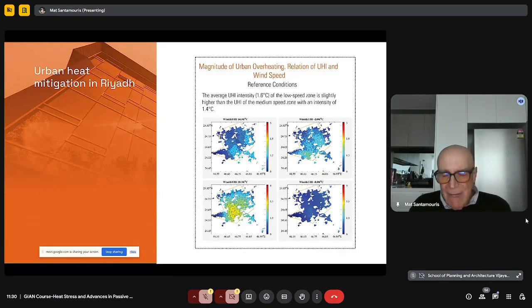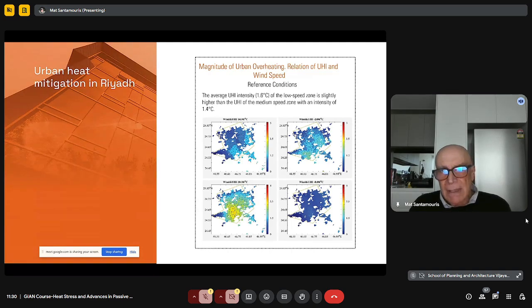And one of the major parameters which define the advective and convective losses in the city is the wind speed and the wind direction. So the average urban heat island intensity, which is close to 1.6 degrees, is observed when the wind speed is low.